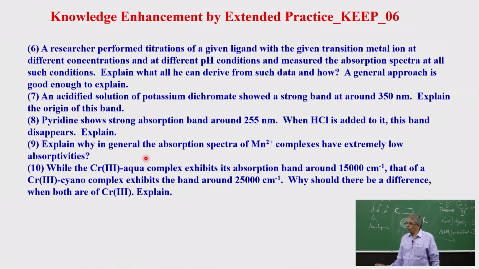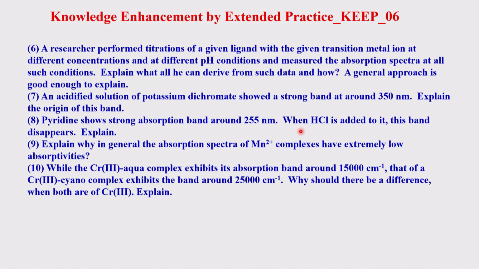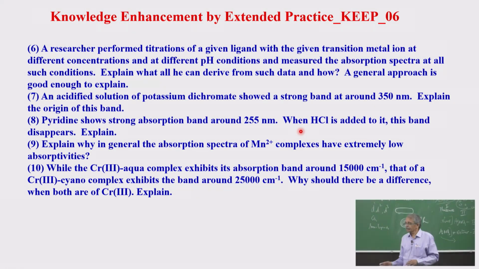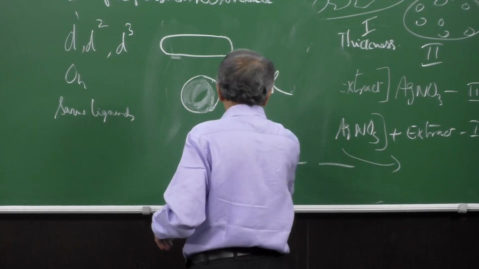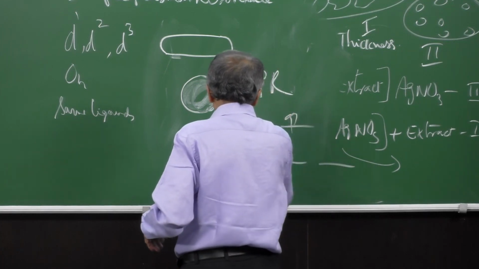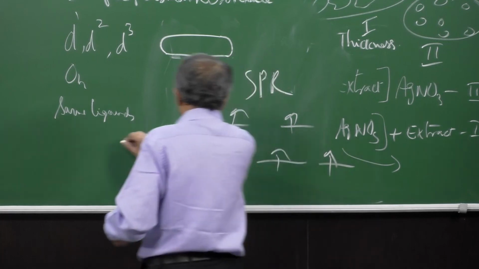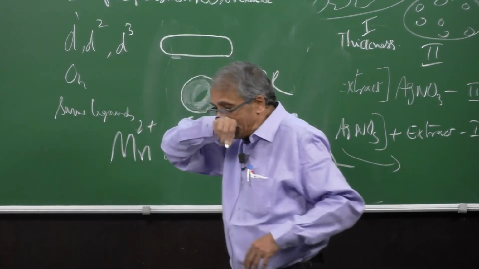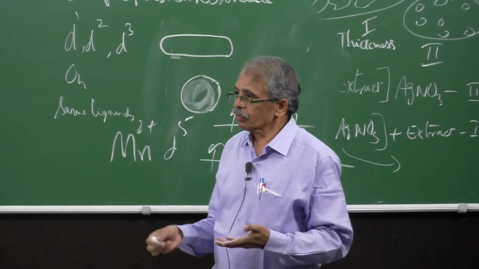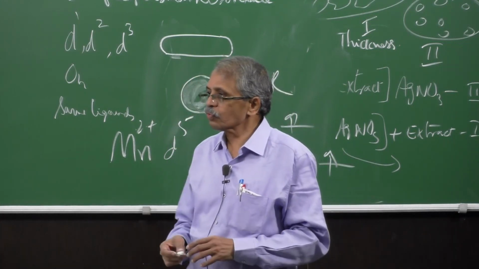Explain why, in general, the absorption spectra of Mn2+ complexes have extremely low absorptivities. I have already explained in one other class, maybe a couple of classes, that Mn2+ is d5, high spin in octahedral geometry, so the transitions are Laporte forbidden as well as spin forbidden.